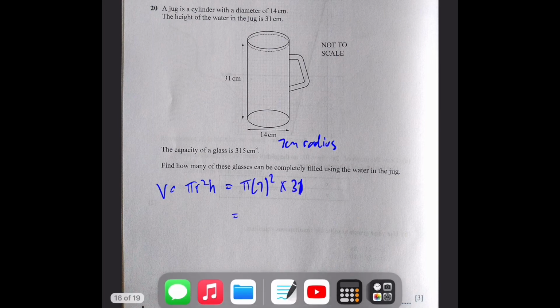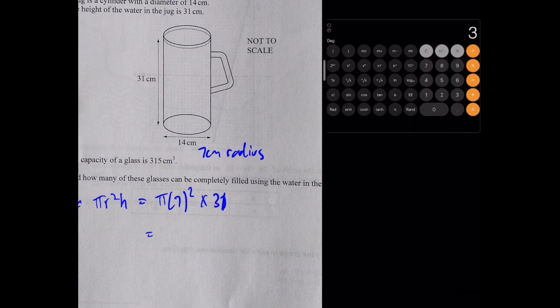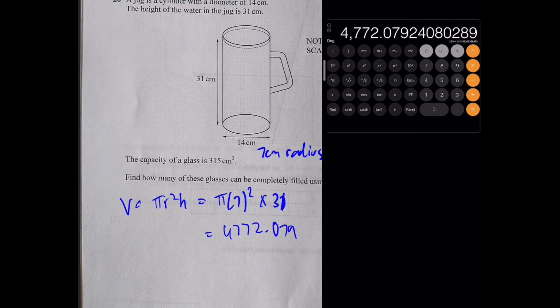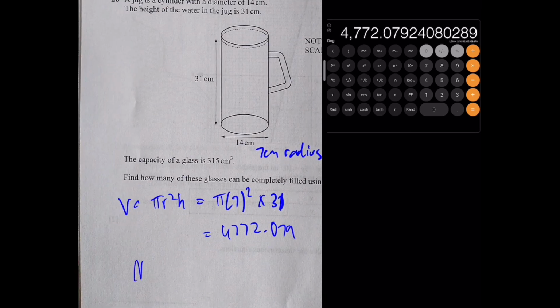And let's get our calculator out. So 31 times 7 squared, 49, we get 1519 times pi to get this value, 4772.079. And then the number of glasses which can be filled will be equal to 4772.079 divided by 315.